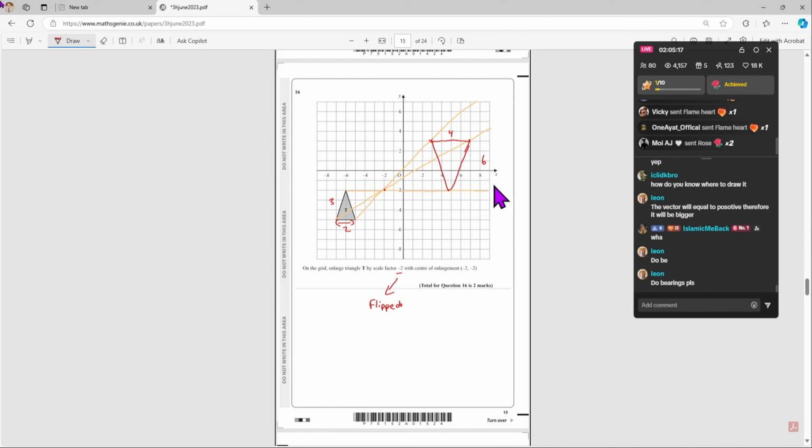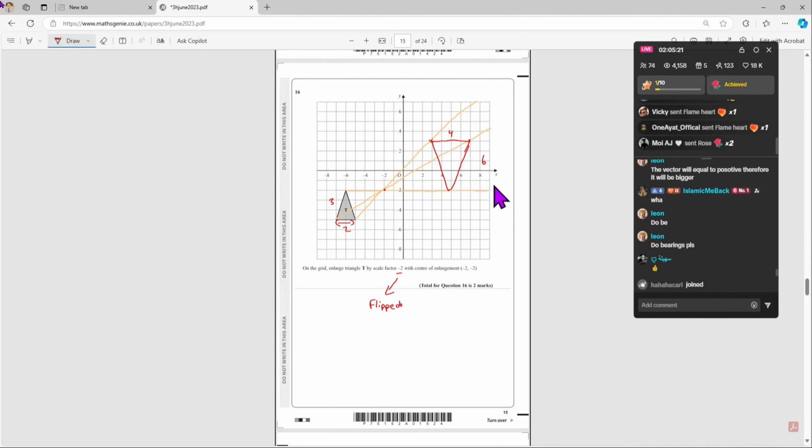That means we have enlarged our triangle T by the scale factor -2, okay? So give a big thumbs up if you understand. That question was worth 2 marks.